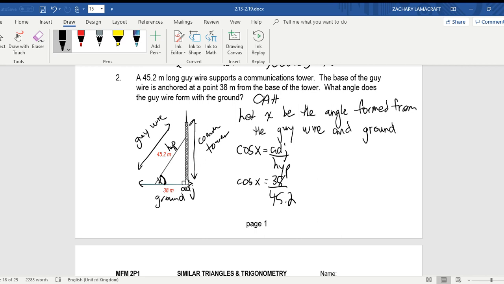If I divide both of those numbers, what do I get? Does someone want to write in the chat there? Remember, we keep it to 4 decimal places. Someone want to divide those two numbers?